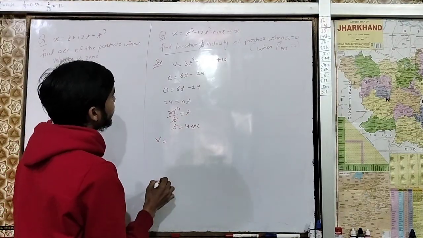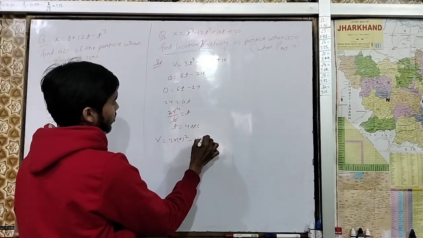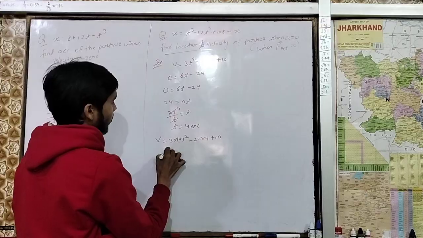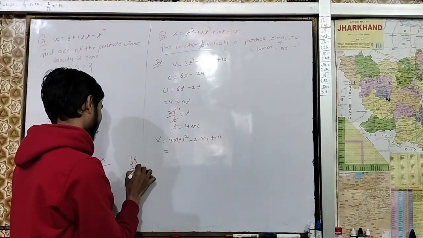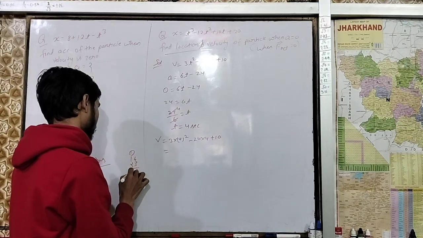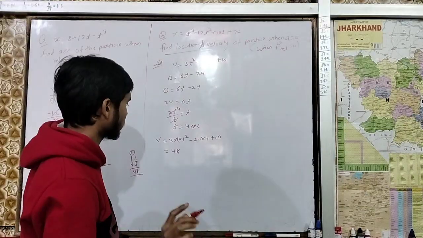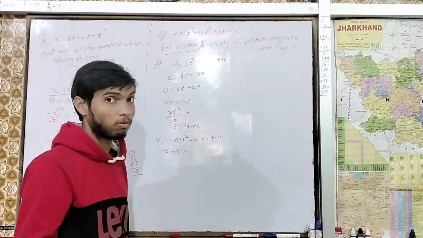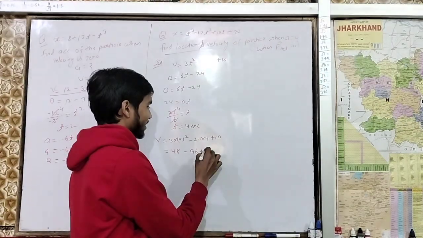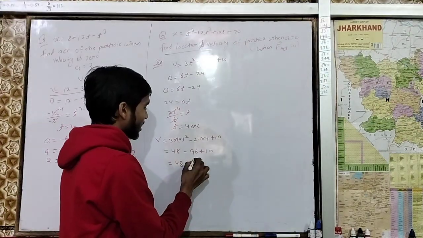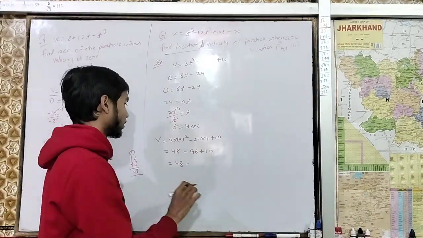So we will come out as 3 multiplied by 4 raised to power 2 minus 24 multiplied by 4 plus 10. After simplifying this, 4 4s are 16, 16 3s are 48, minus 24 4s are 16, 4 2s are 8 and 1 9, plus 10. 48 minus... hold on, it is coming in negative.